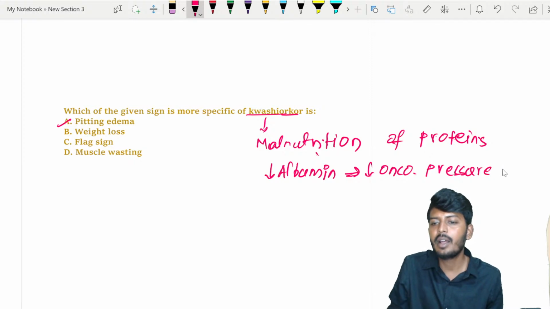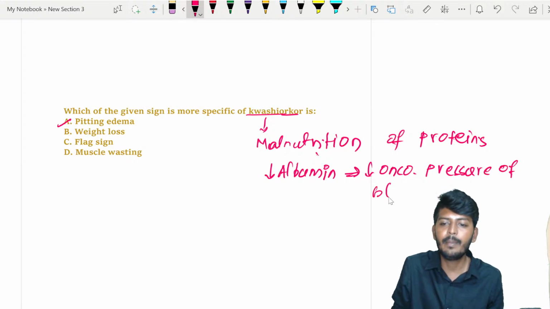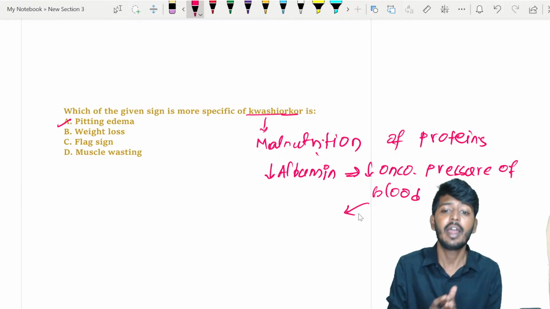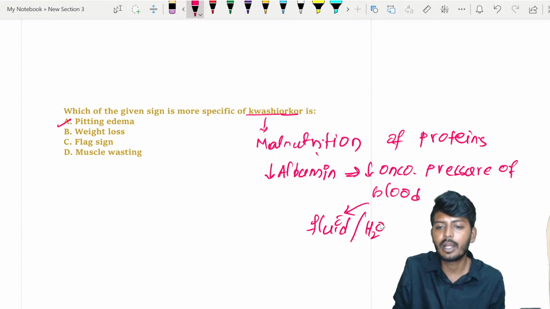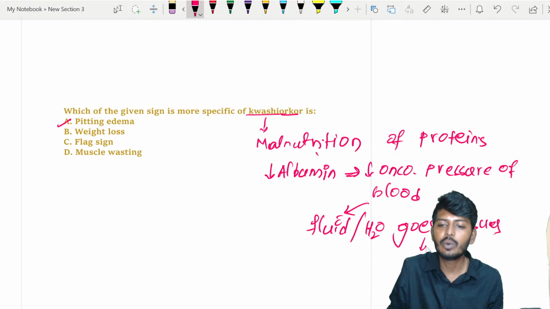Oncotic pressure will be reduced. If there is a reduction of oncotic pressure, fluid or water goes to the tissues. If it goes to tissues, it will lead to edema.